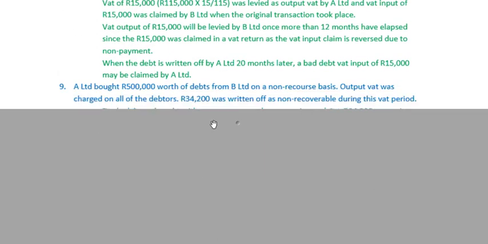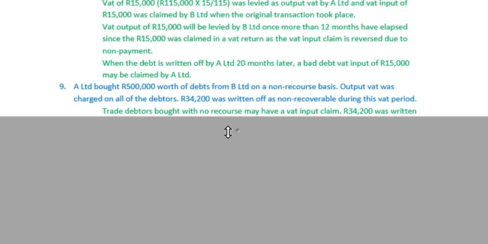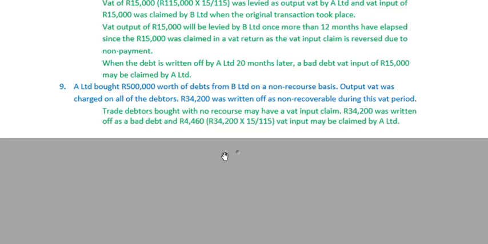Next one. A Limited bought 500,000 rands worth of debts from B Limited on a non-recourse basis. Output VAT was charged on all debtors. 34,200 was written off as non-recoverable during the period. So let me just explain, guys. If it's bought with no recourse, that means it's your debt, which means that if it doesn't get paid, you're responsible for it.